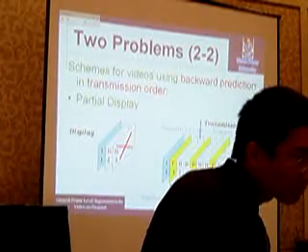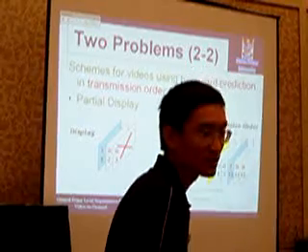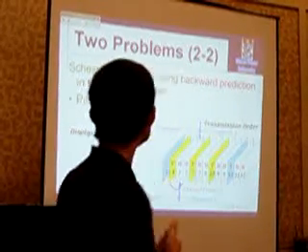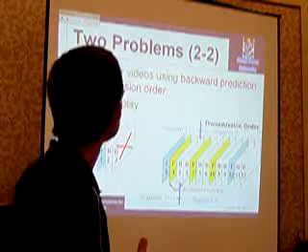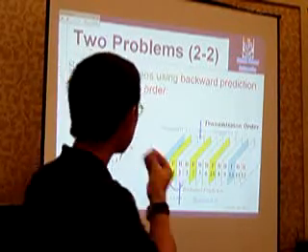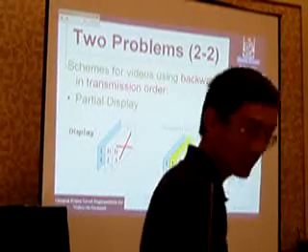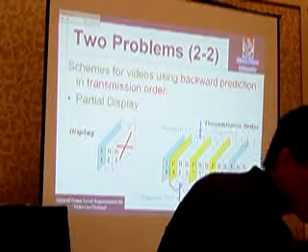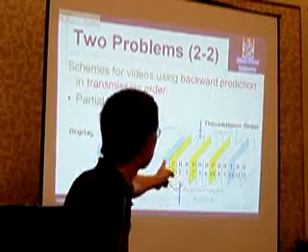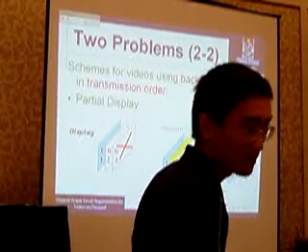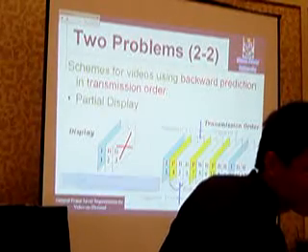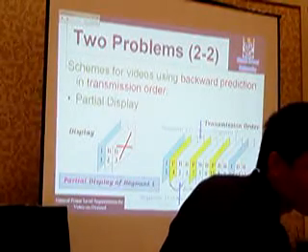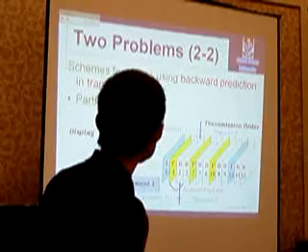To properly decode the third frame, we also need the information of the third frame itself. But at this time, we haven't received the third frame, so we cannot display it. So this is the problem of the partial display.